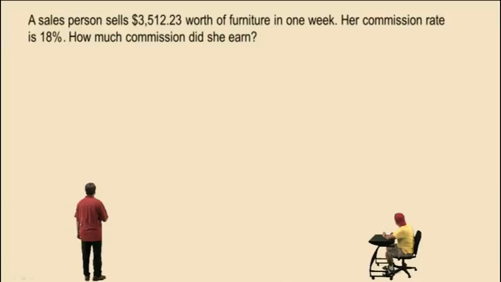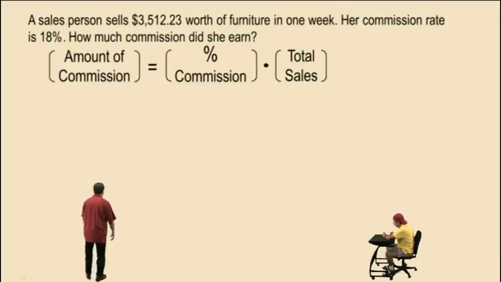A salesperson sells $3,512.23 worth of furniture in 1 week. Her commission rate is 18%. How much commission did she earn? Well, let's bring out our equation. The amount of commission is equal to the percent commission times the total sales. Since we're looking for the amount of commission, we will represent that quantity by X. The percent commission, it was 18%.